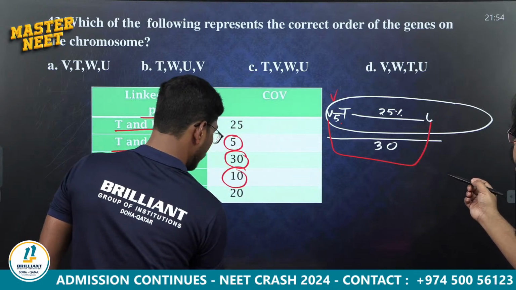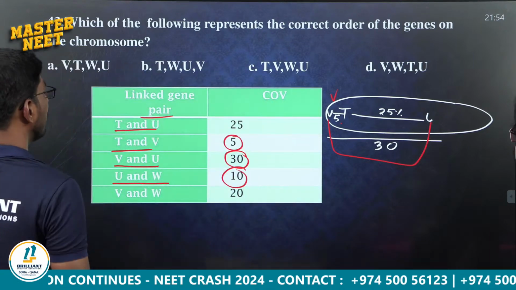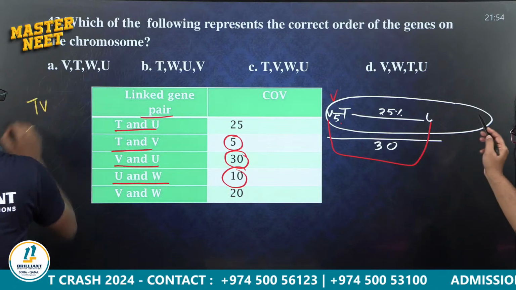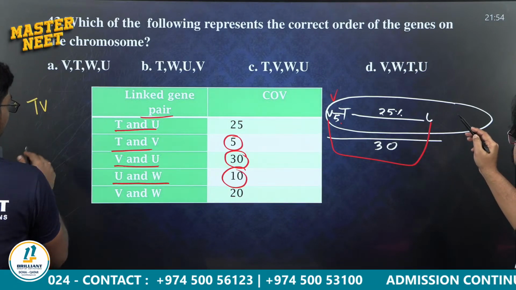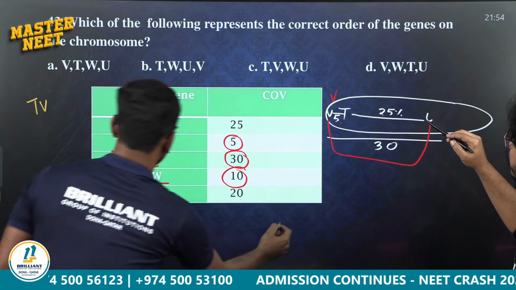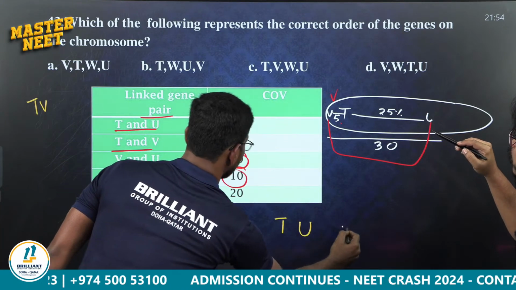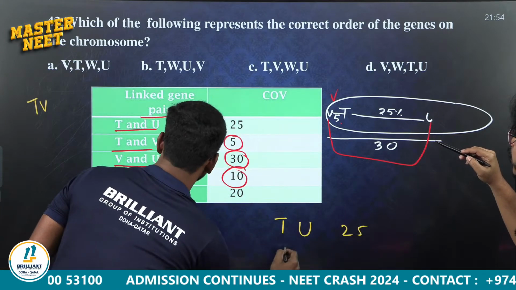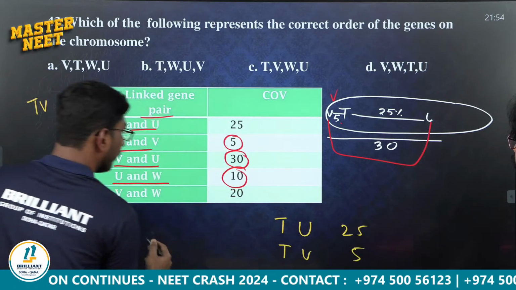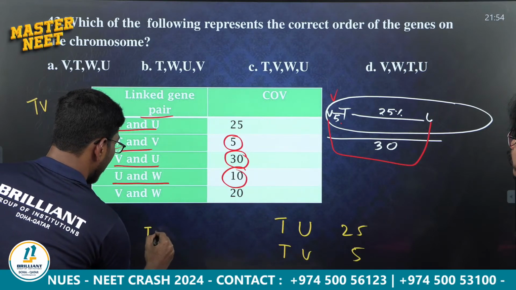Let's see which one will work out. We can write TV, WV, then TWUV. That will match TU at 5%, so TV are close.